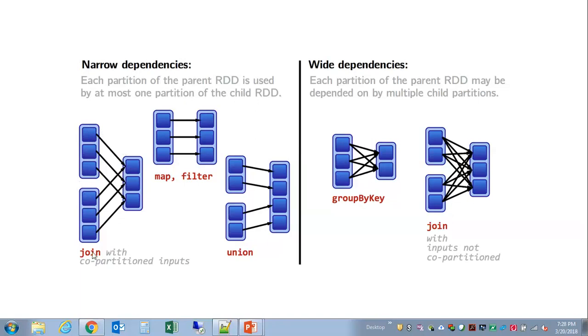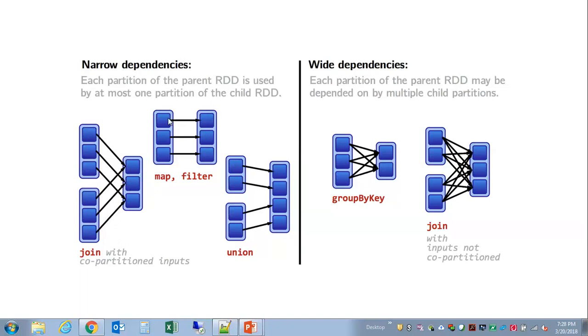So when you do a join like this, you have two RDDs and you're joining them together. But the join is a special type of join where each partition comes from only the co-partitions. So then that is a narrow dependency.